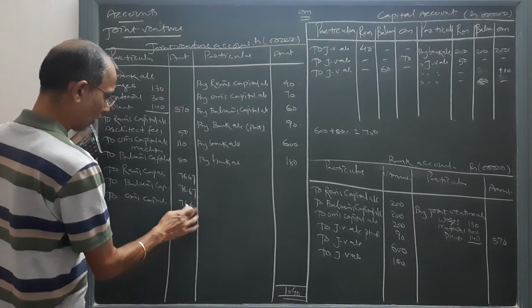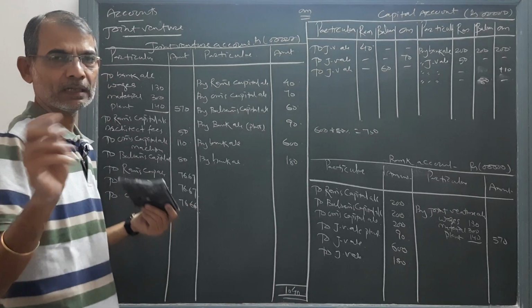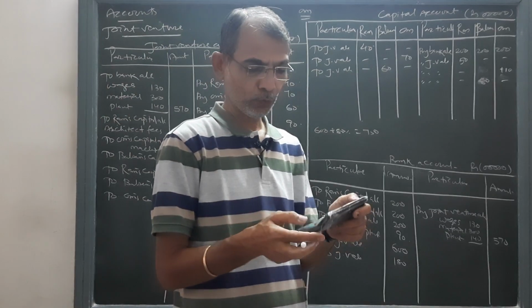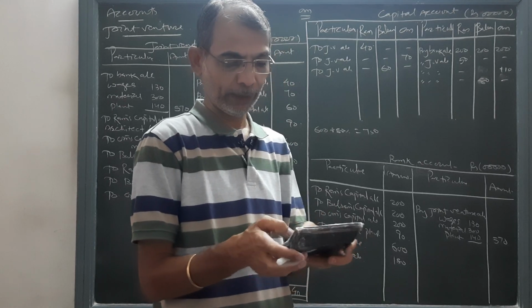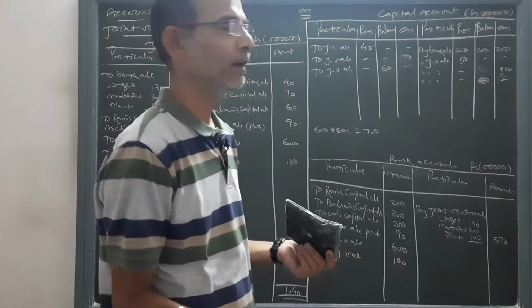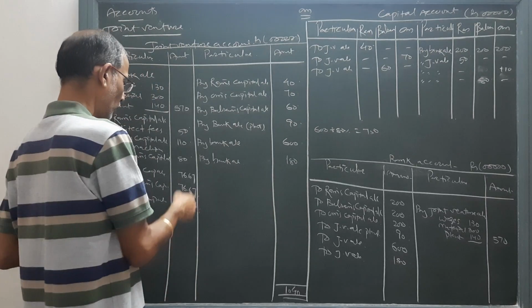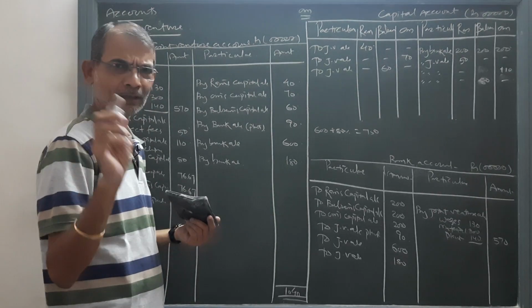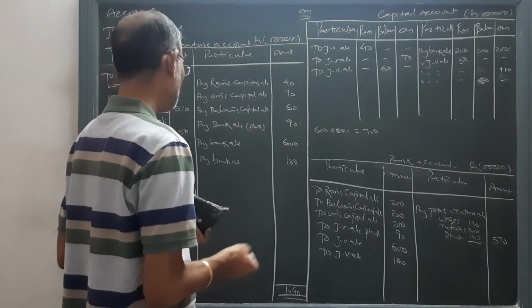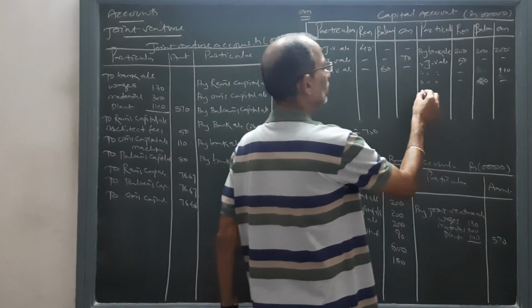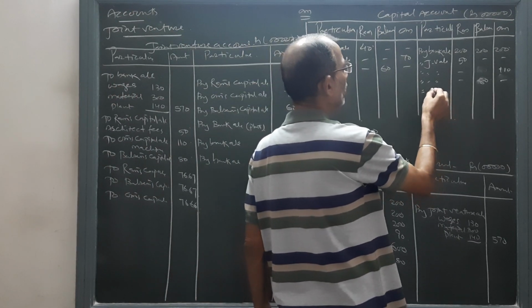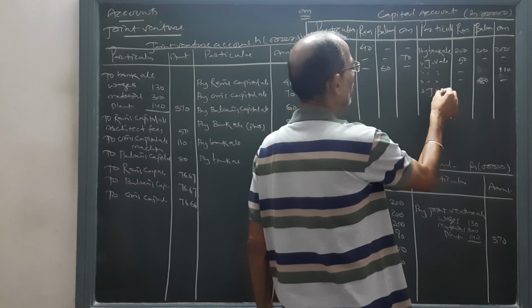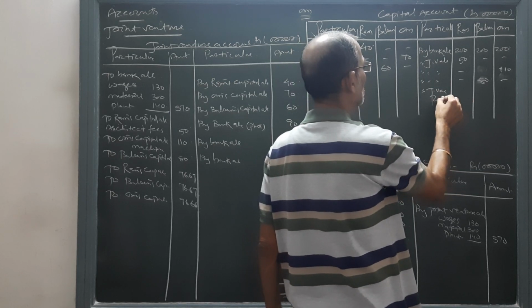The profit of 230 divided by 3 gives 76.66, so one will get 76.66 and the others will get 76.67. So on the credit side of the capital account it will be written joint venture account profit.